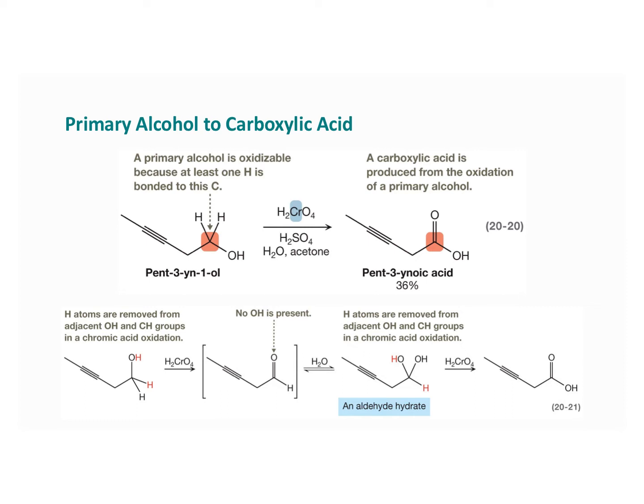Now, another oxidizing reagent that we can use is pyridinium chlorochromate. And one of the reasons we'd want to use it is, if we look here, water plays a big role in this, okay?